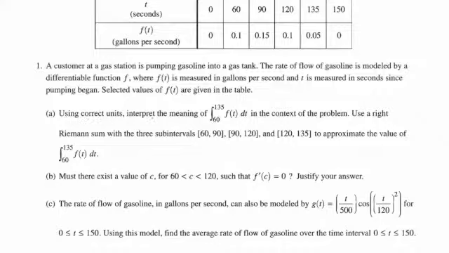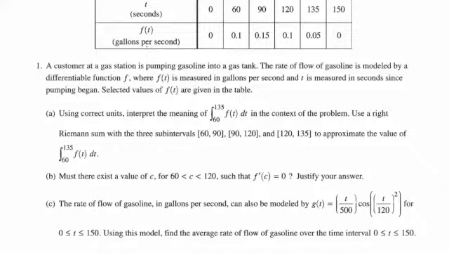Using correct units, interpret the meaning of the integral of f of t from 60 to 135 in the context of the problem. Use a right Riemann sum with the 3 subintervals 60 to 90, 90 to 120, and 120 to 135 to approximate the value of the integral of f of t dt from 60 to 135.